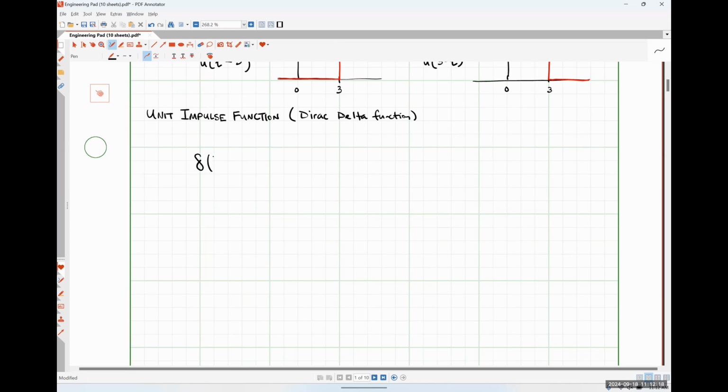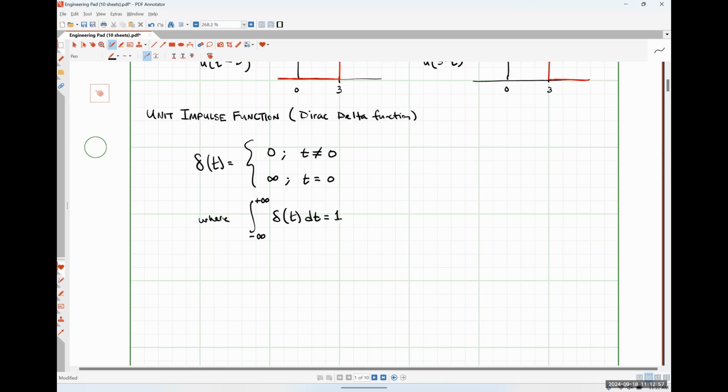So delta as a function of time is equal to 0 for all t that isn't 0, and it is equal to infinity at exactly t is equal to 0, where the integral from negative infinity to positive infinity of our delta function with respect to time is equal to 1.